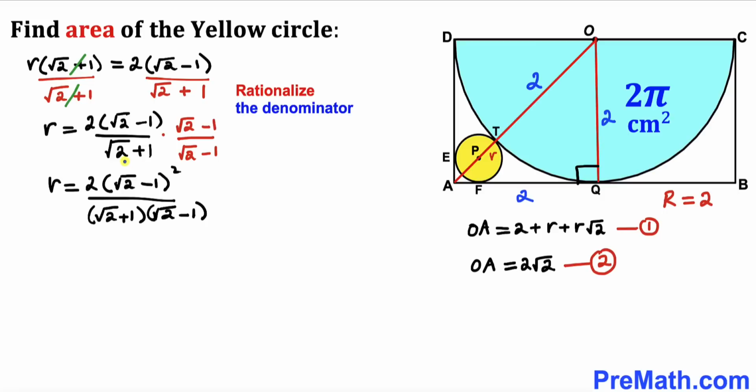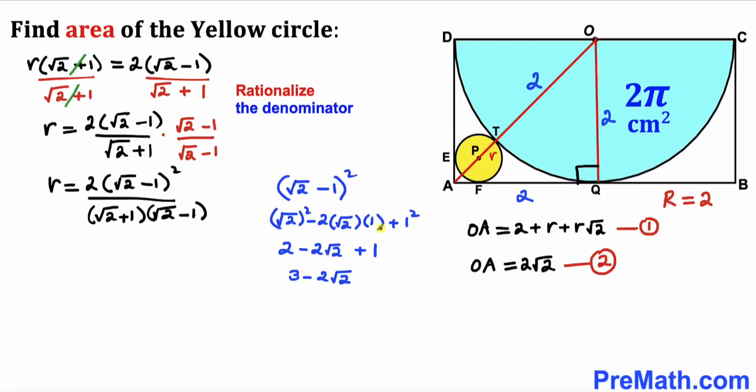And now let's focus on this part on the numerator. And here I have copied it down. And now let's recall this famous identity. A minus b whole square could be written as a square minus 2ab plus b square. We are going to apply it on this one. And if we simplify this one, this square of square root of 2 turns out to be 2. And this 1 square is same as 1.